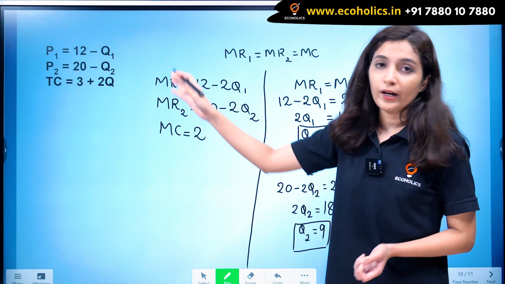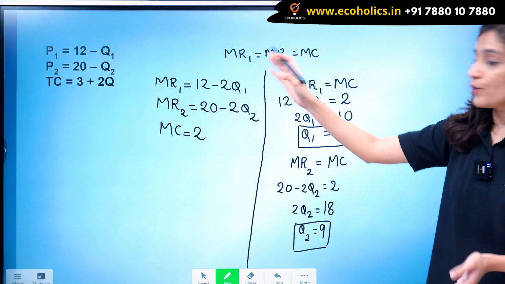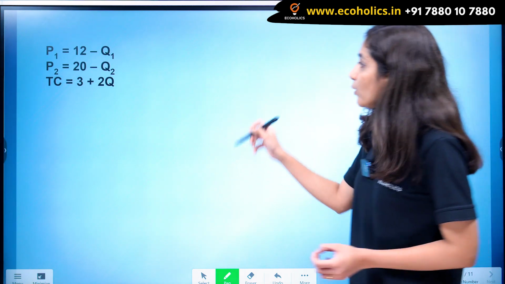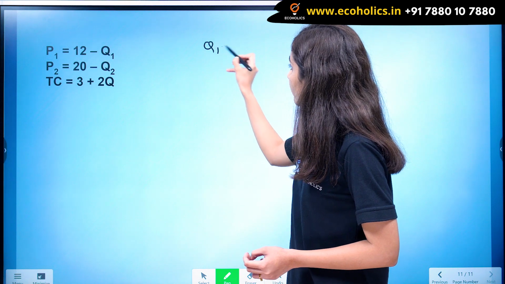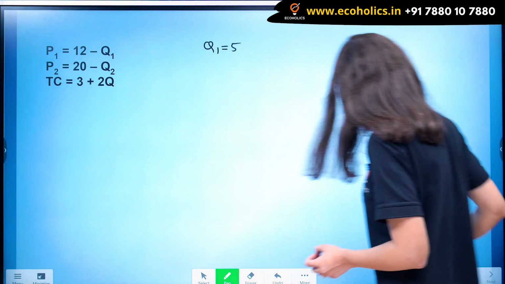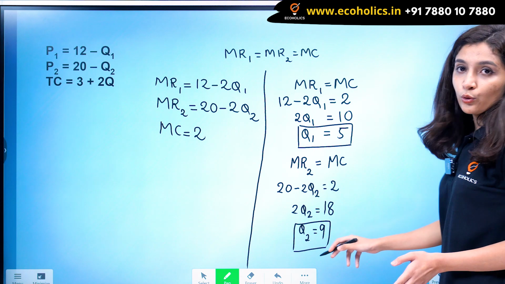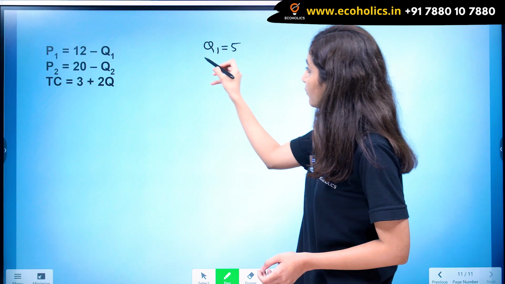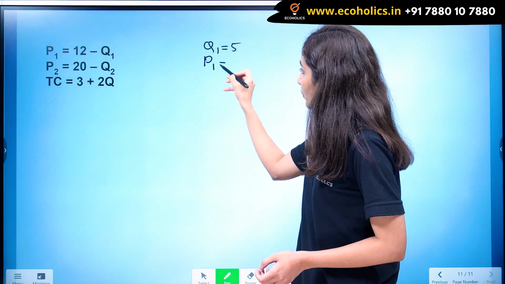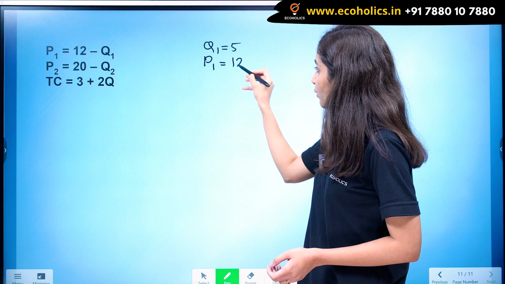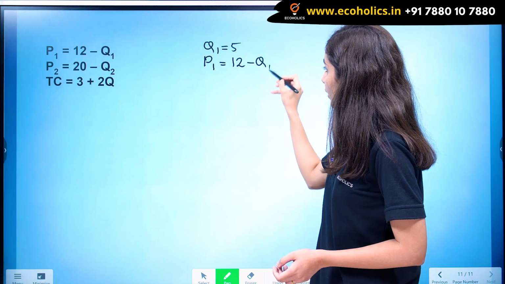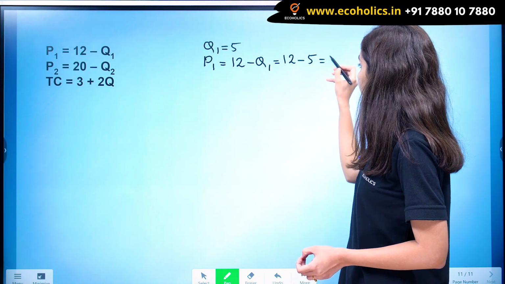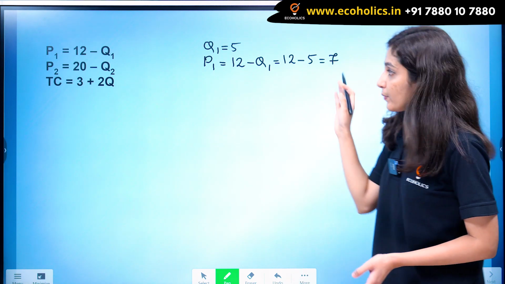Now we are going to find P1 and P2, that is the price in the first market and the price in the second market. So what we got is our Q1 is equal to 5 and our Q2 is equal to 9. Therefore, P1 is equal to 12 minus Q1, that is 12 minus 5, that is equal to 7.